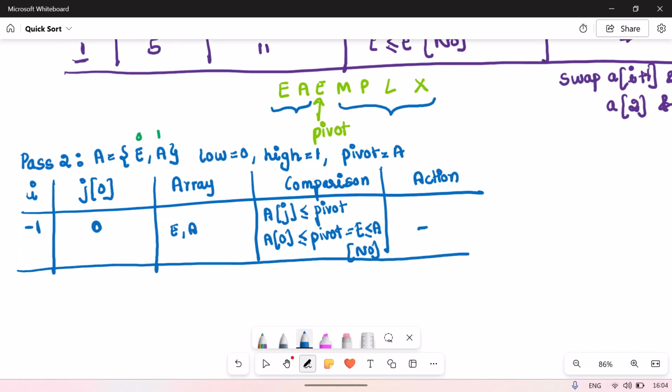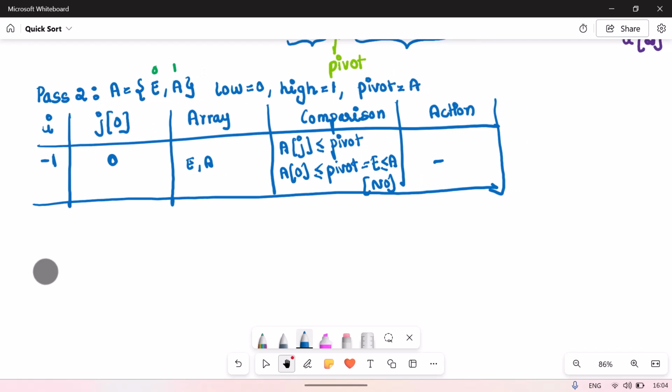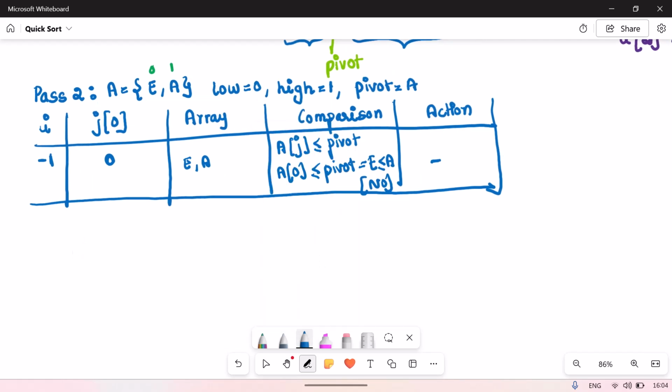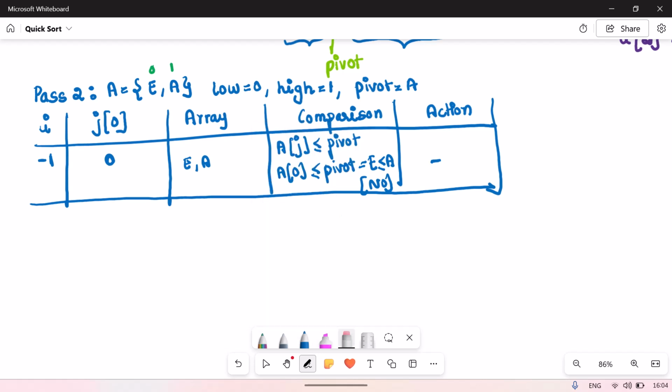See, the whole thing will run only for one value of J. So this is done. After that, do you remember what happens? Next I will be increased by 1, and that element will be exchanged with the pivot. These two will be swapped.